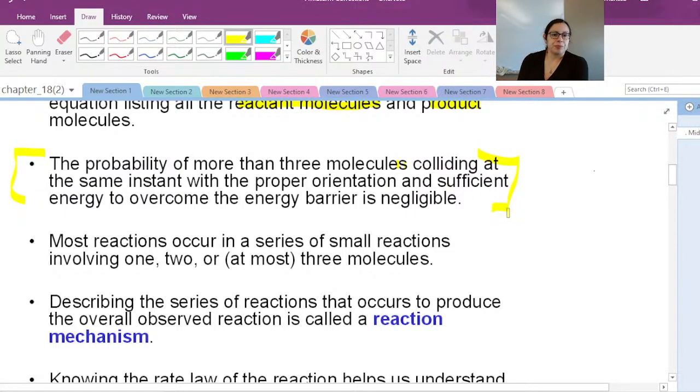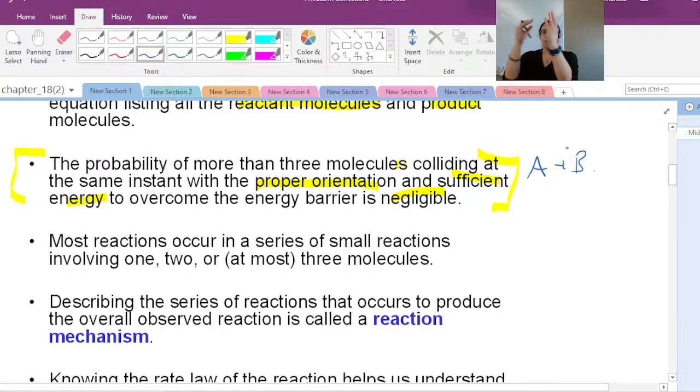And so then it brings up this statement: the probability of more than 3 molecules colliding at the same instant with the proper orientation and sufficient energy is negligible. And so all this is saying is, when we're looking at our individual reaction mechanisms, it's probably always going to be 2 things colliding.